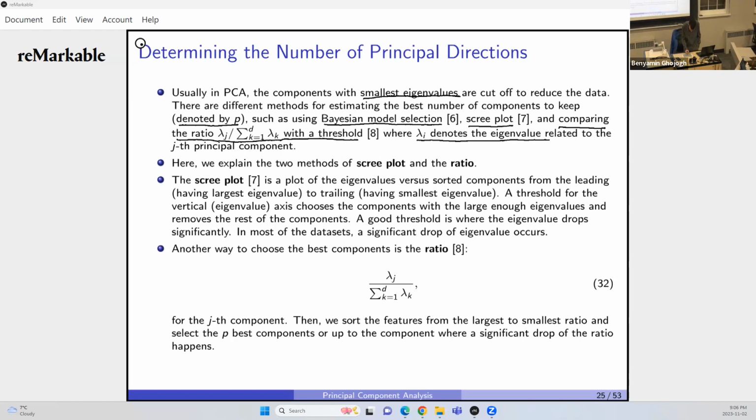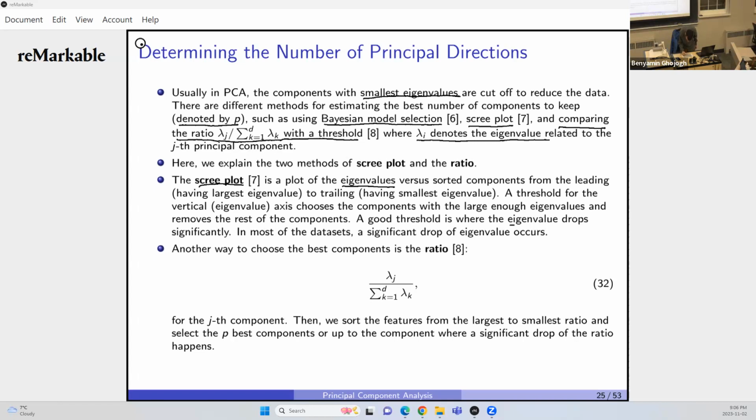A scree plot. What does it mean? It's a plot of eigenvalues. Sort the eigenvalues in descending order and plot them by bar plots or whatever. Of course, it's decreasing, right? At some point, you will see that it decreases a lot. For example, it's large, and suddenly it becomes very small. That's the cutoff point. This is called a scree plot.